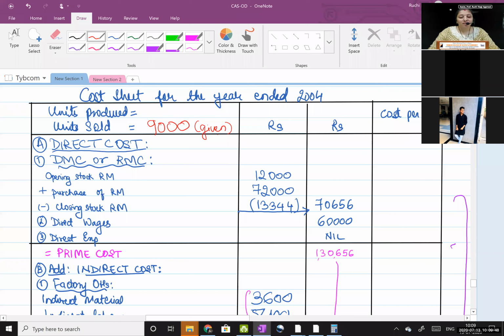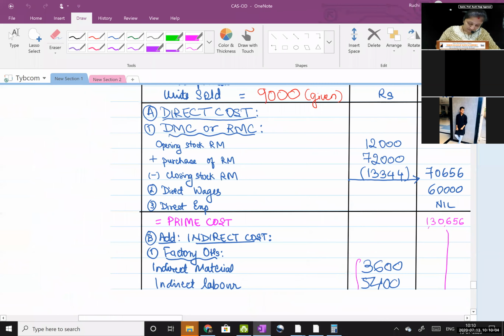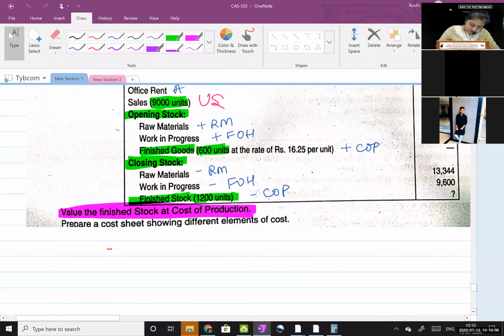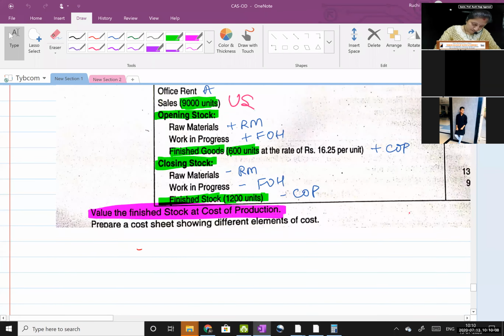If you remember, when I did the cost sheet with you, I gave you notes 1, 2, 3, 4, 5. Five notes I gave you, right? So note number 1 was what? Calculation of units produced and units sold. Okay, so let us do that. So I get over here big note number 1.